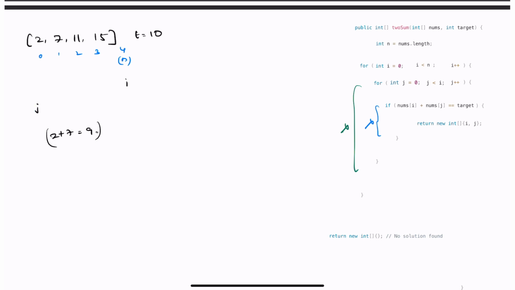When i has reached the end, even this topmost for loop has ended. So when you don't find any solution, you'll simply return no solution.